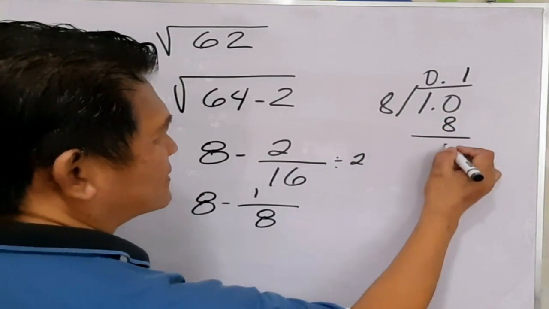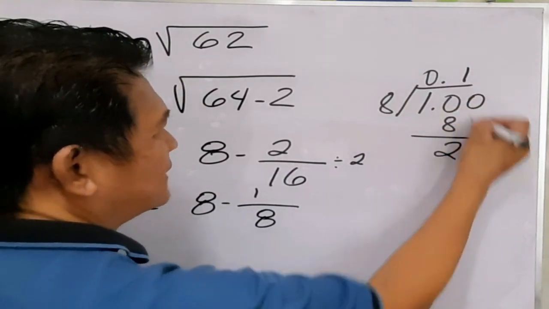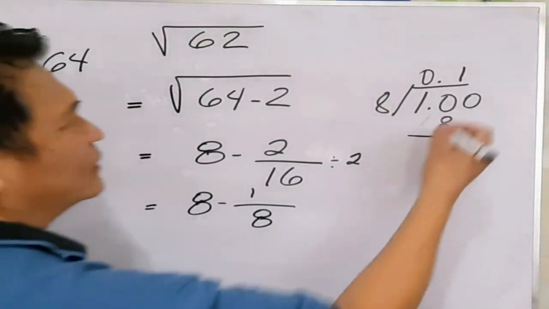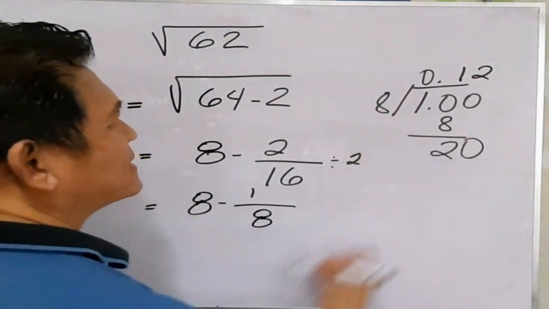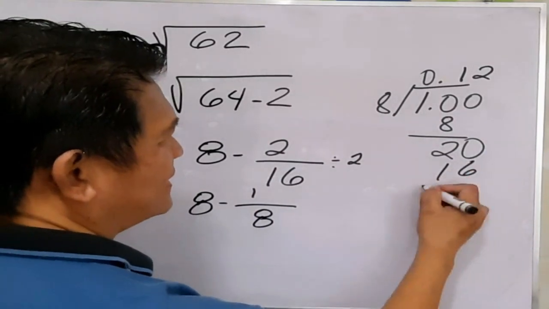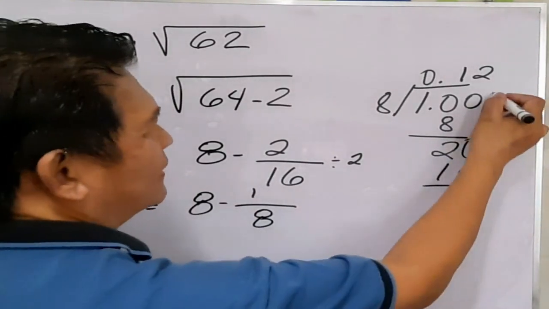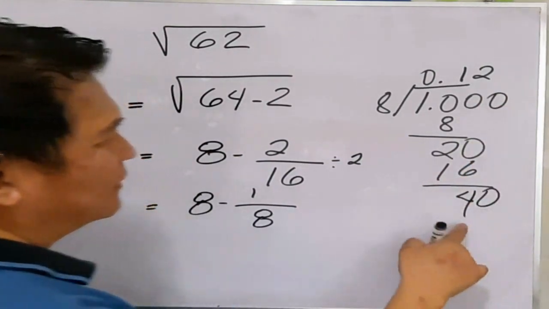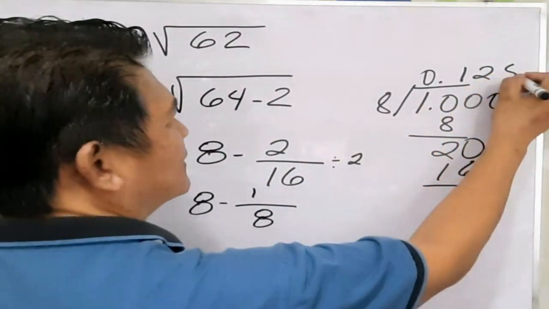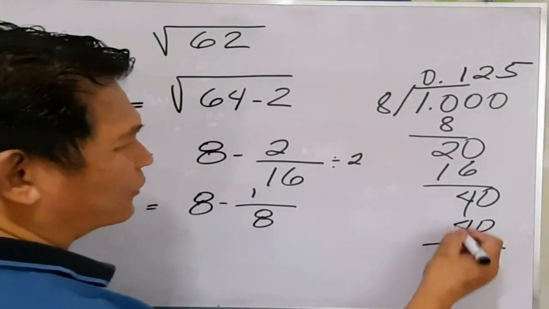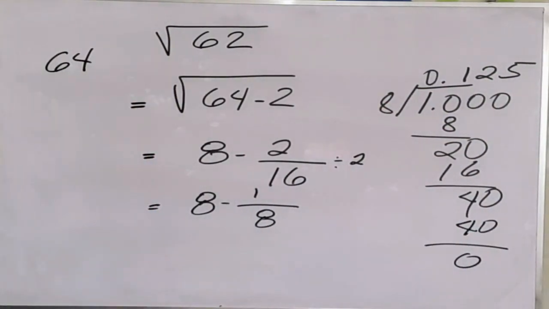10 minus 8 is 2. We add another 0. 20 divided by 8 is 2. 2 times 8 is 16. 20 minus 16 is 4. We add another 0. 40 divided by 8 is 5. 5 times 8 is 40, and 40 minus 40 is 0.